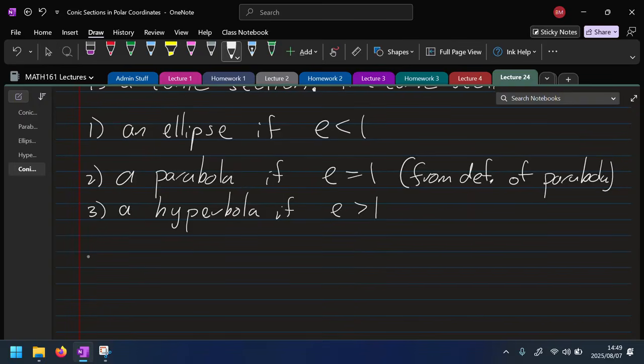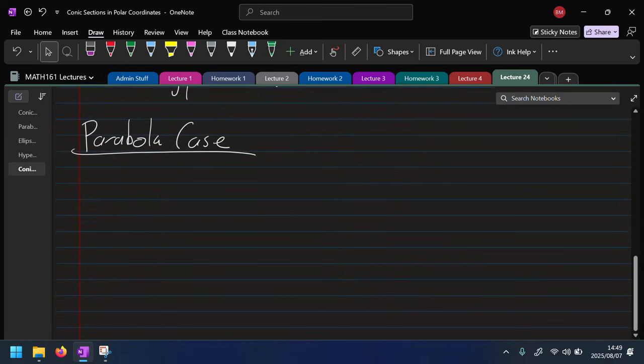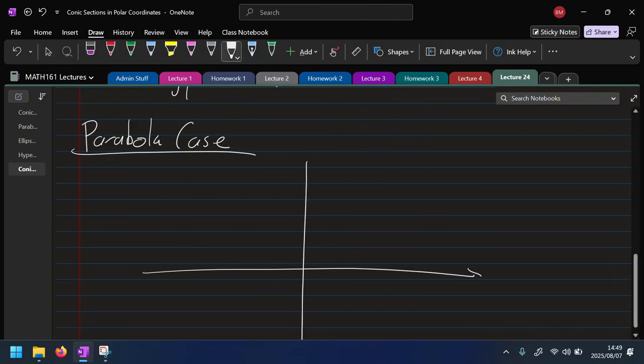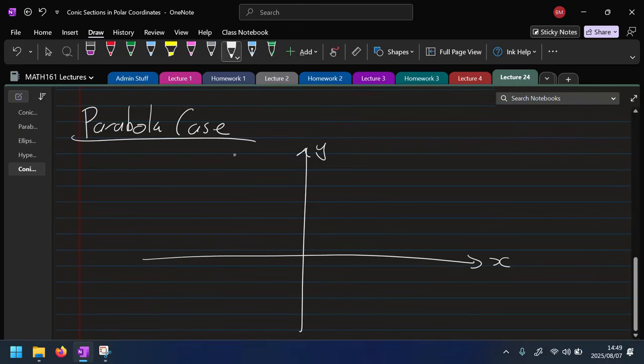Okay, so the parabola case. We're going to do it in the polar form. So we're going to set up our axes. We've got our parabola. I'm going to shift it a little bit. Before, we had the parabola with the vertex at the origin.